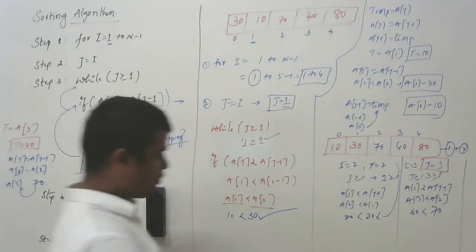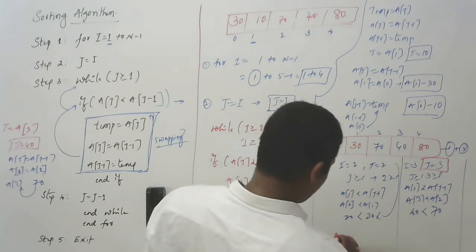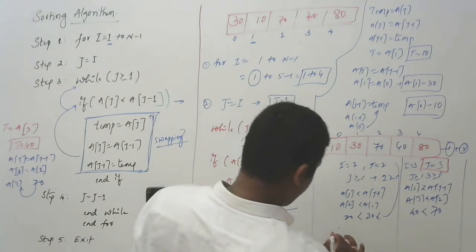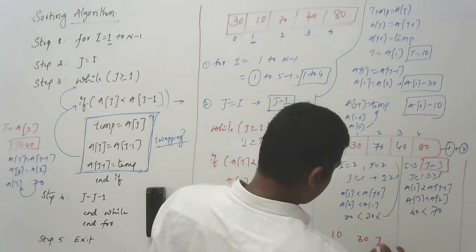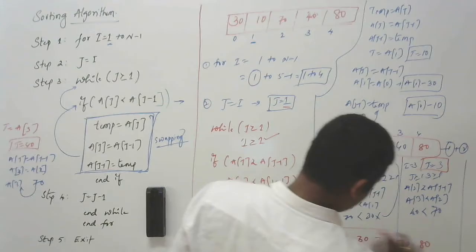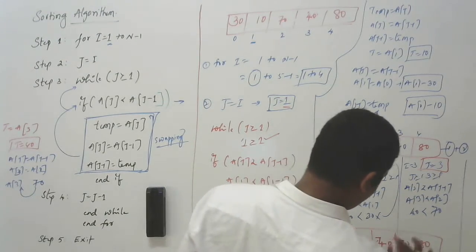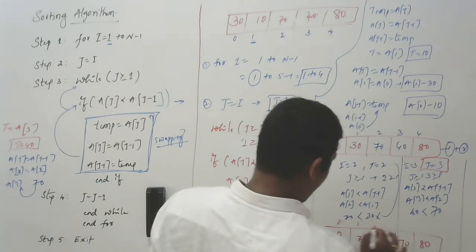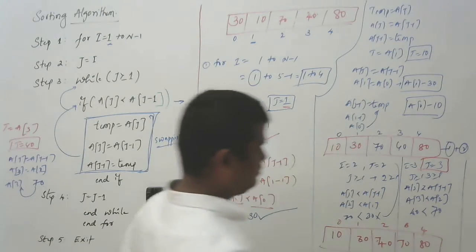Fine. So at that time your output becomes 10, 30, 40, 70, 80. This is the third iteration. Positions 0, 1, 2, 3, 4.